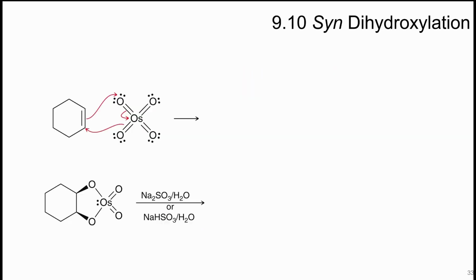If we want to perform a syn dihydroxylation, we use a different reagent. This is OsO4, or osmium tetroxide. This goes through what is called a cyclic osmate ester. In one step, we can use a weak base or Na2SO3 in order to remove the osmate part.